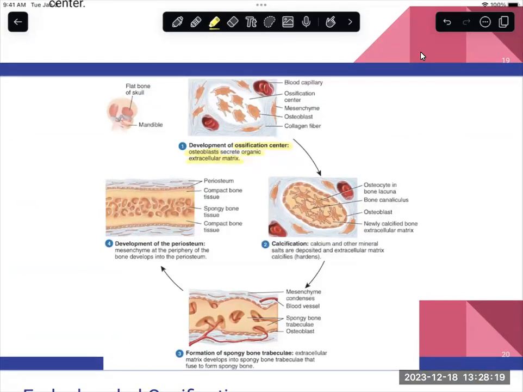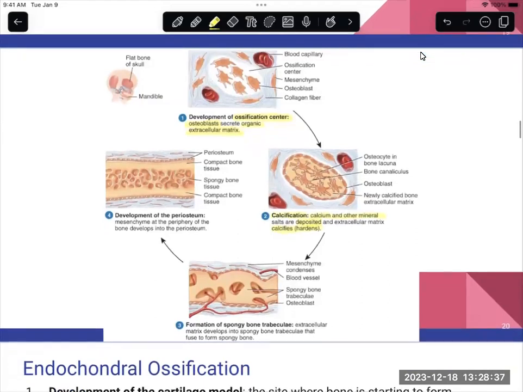The next step is calcification. So we're going to take calcium and phosphate, and these osteoblasts are going to help deposit that in the matrix that they just built. And this is what calcifies or hardens that bone.